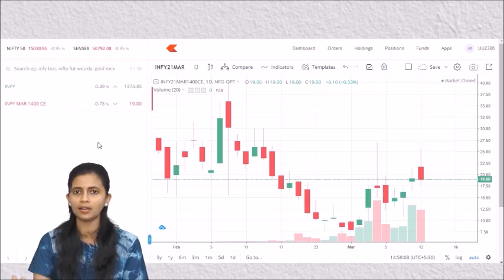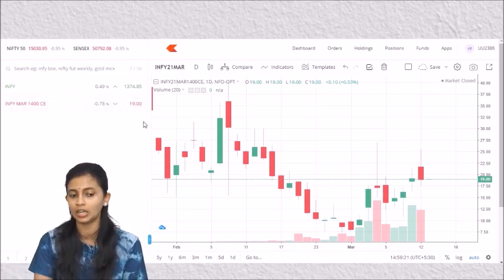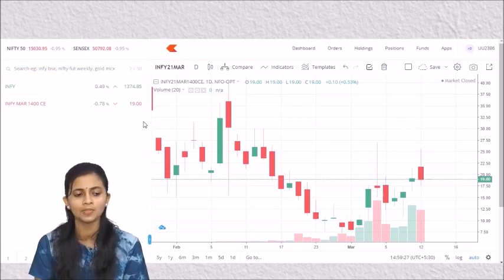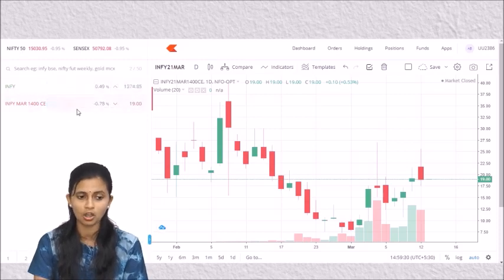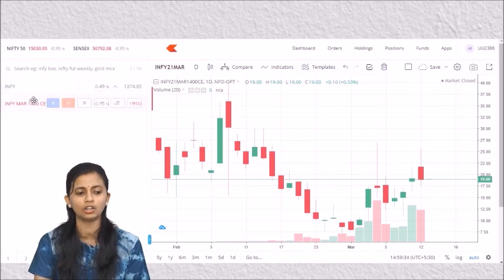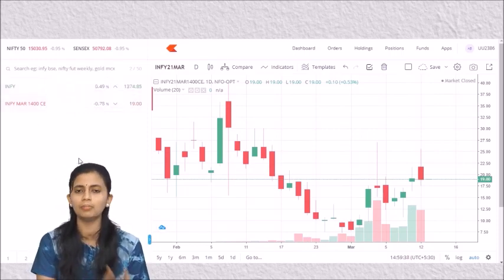So because of a 100 point move in the Infosys spot price, the premium of the call moved from 9 to 19, that is a 10 point increase. For expiry, hardly 15 days remain, right? So if the stock moves quickly or shows a very good rally and crosses this 1400, then it is fine. If you buy now, you will be in profits.